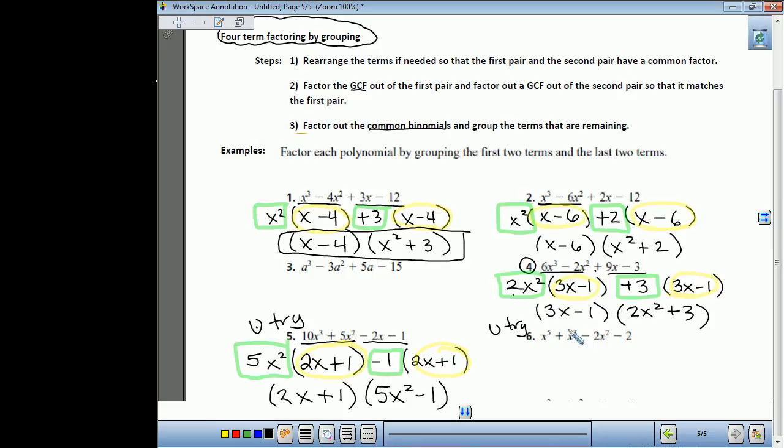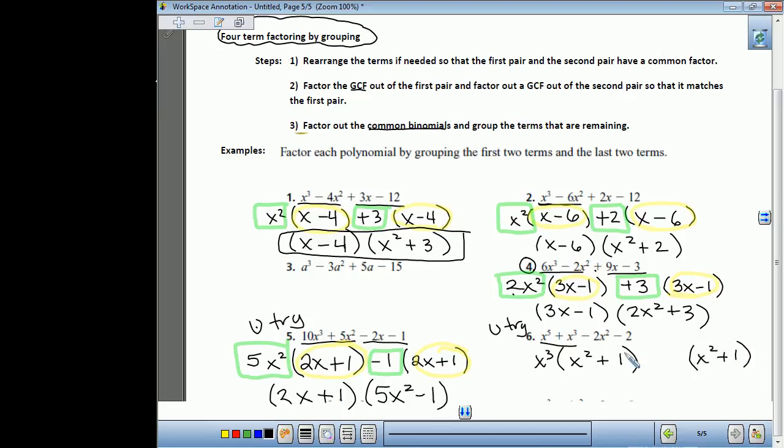Yeah. 5s squared, 15s here? 6t squared. Okay, 60, because it looks like... All right, if we look at the first two, they have an x cubed. So it leaves me x squared plus 1. So I want x squared plus 1.